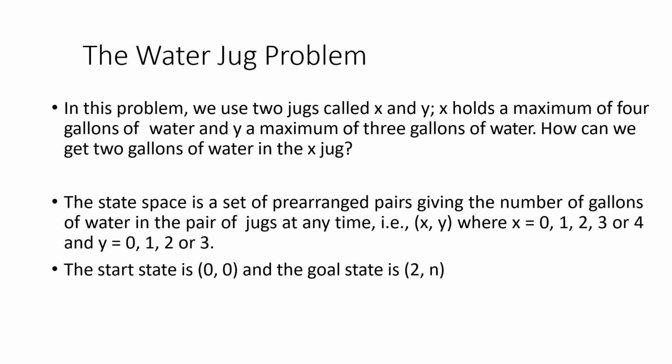So the initial state we can set as 0, 0. Initially both are empty, and the goal state we can set as 2, n. 2, n means there are 2 gallons of water in the 4-gallon jug and in the 3-gallon jug, that can be anything.